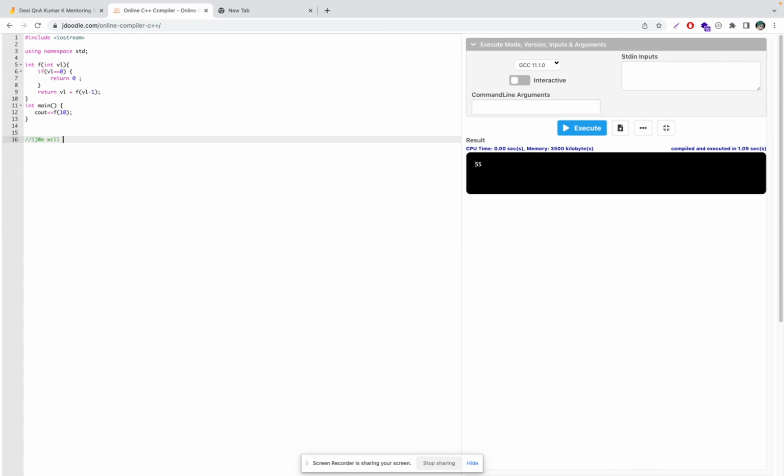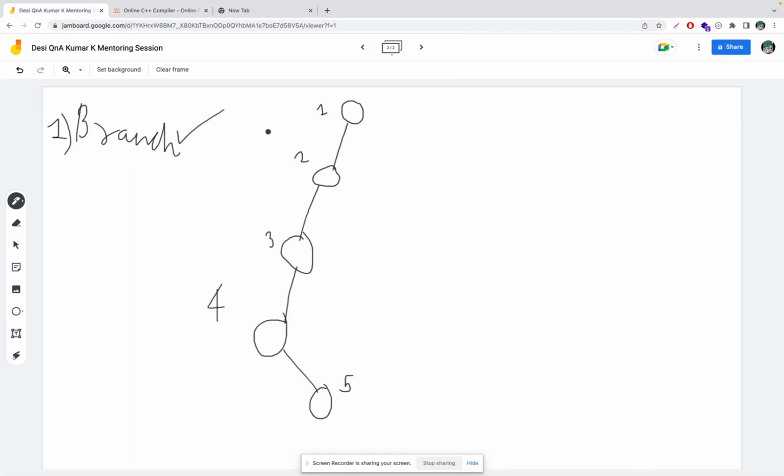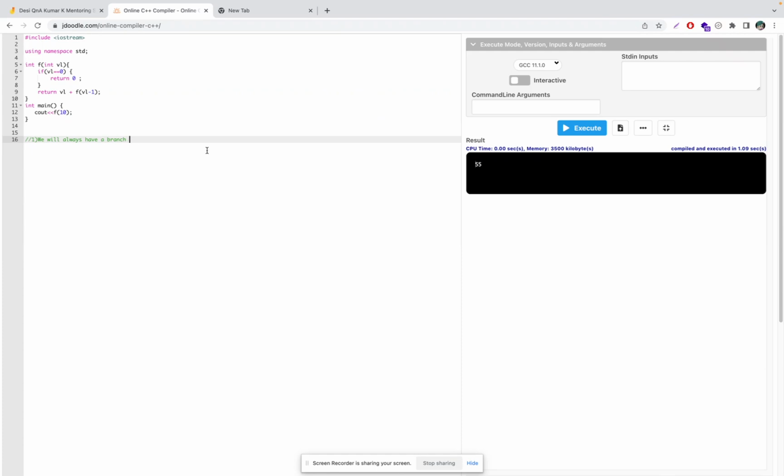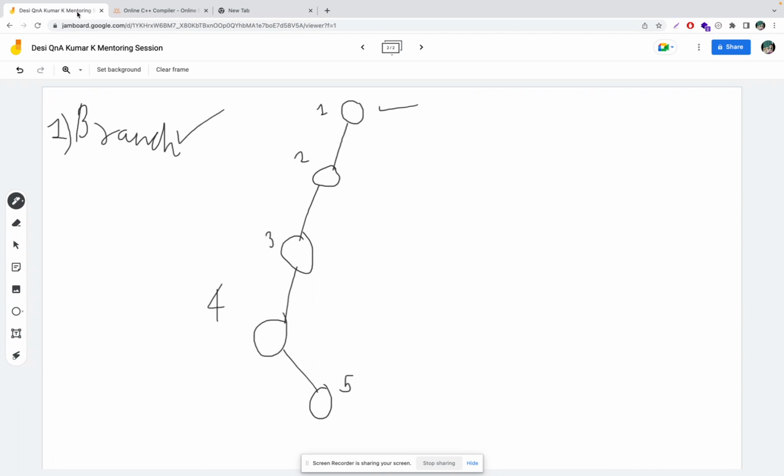Second point: we start from the top of the branch, and we start moving downwards.